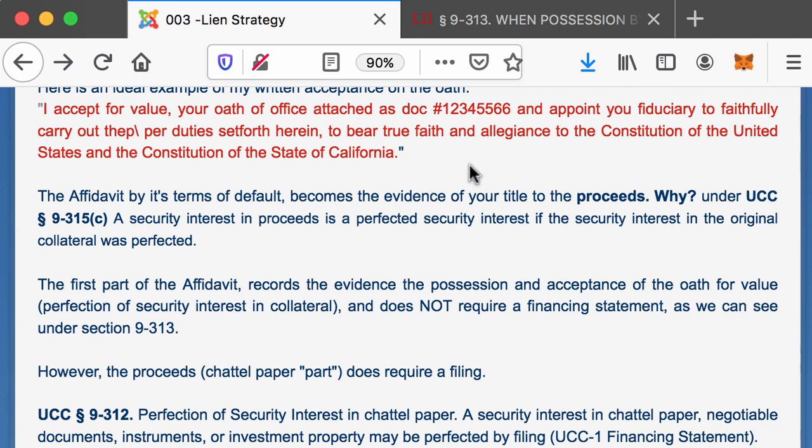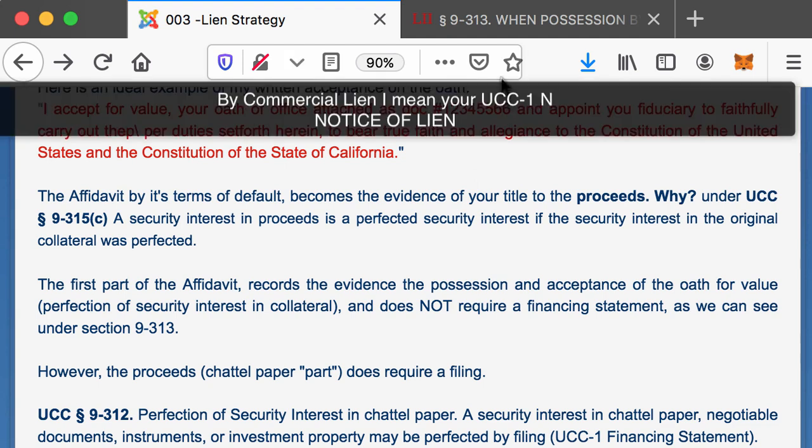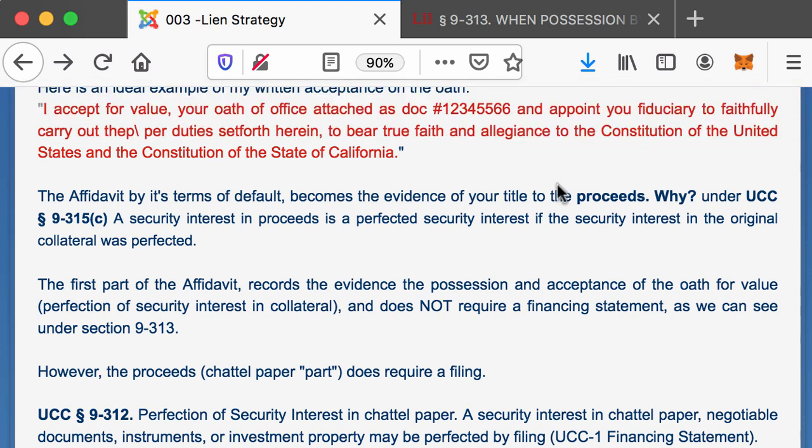And that's where your completed affidavit of commercial obligation would be behind it. That would be part of the record or the chattel paper in the filing of your commercial lien on the bond. But you can't have a perfected security interest in proceeds without having already perfected the security interest in the collateral, which is why with your affidavit of commercial obligation, behind that you have to have your original contract, right?